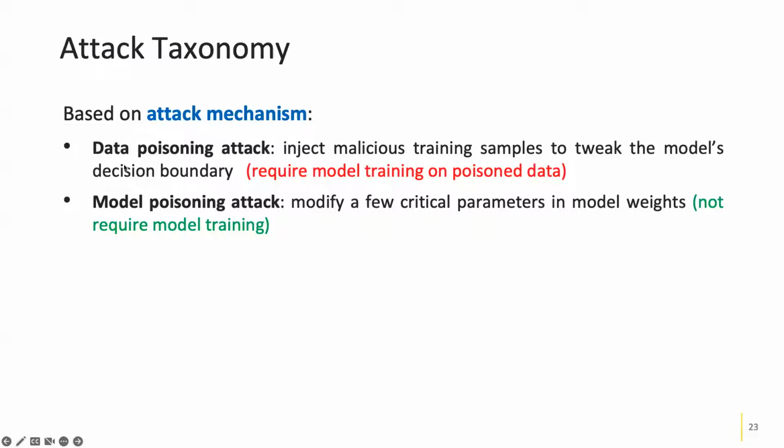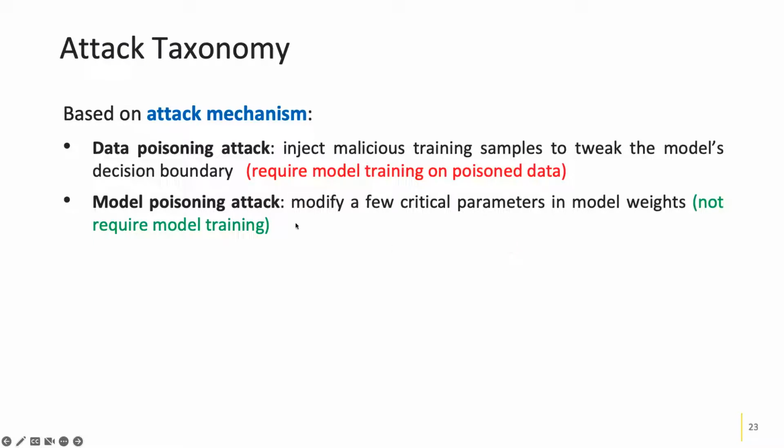As I explained earlier, the first type, data poisoning attack, is implemented by injecting malicious training samples, so that when the model is trained on the poisoned set, the decision boundary of the model is tweaked. This means that data poisoning attack typically requires model training to inject the malicious functionality.